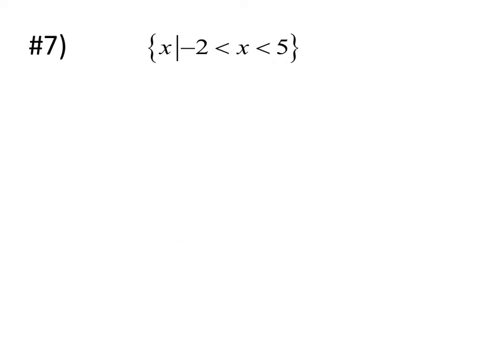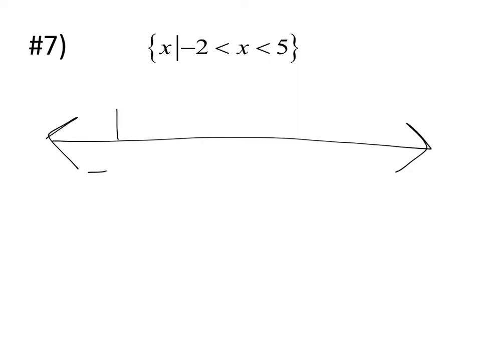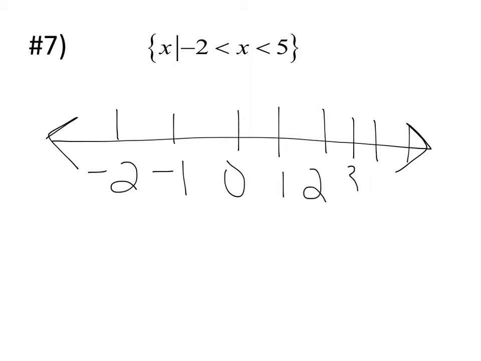In this case, my graph is between two numbers. So I'm going to go -2, -1, 0, 1, 2, 3, 4, 5. I am going to have a parenthesis here because it is just less than x, and a parenthesis here.